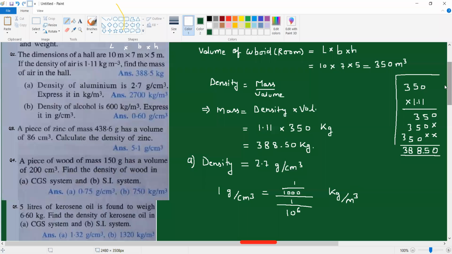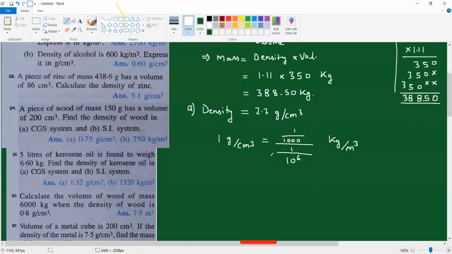So when we rearrange this, it will become 1 followed by 6 zeros divided by 1 followed by 3 zeros. Clear? So these three zeros will get cancelled out. Kg per meter cube. So it will become 1000 kg per meter cube.